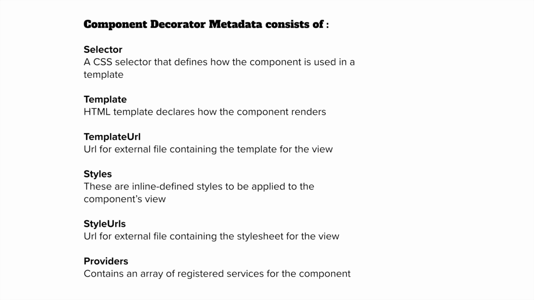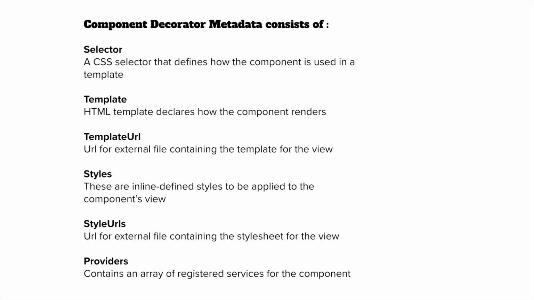So the component decorator metadata in Angular consists of, number one, the selector. A selector is the CSS selector that defines how the component is used in a template. Number two is the template. The template declares how the component is rendered. Then the template URL for an external file containing the template for the view.